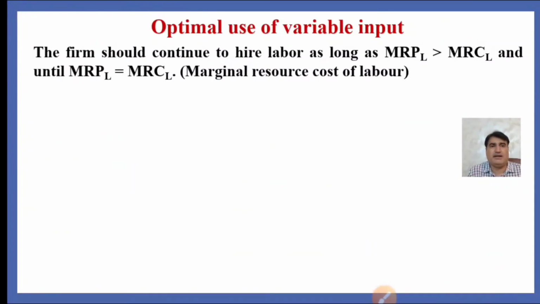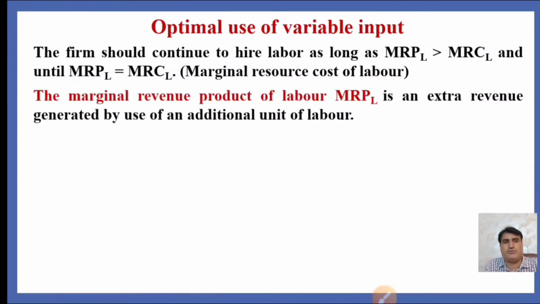Optimal use of variable input. It means how much labor the firm should hire. So the firm should continue to hire labor as long as MRPL, the marginal revenue product of labor, is greater than the marginal resource cost of labor, until the marginal revenue product of labor equals the marginal resource cost of labor.